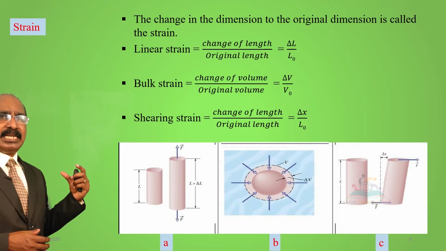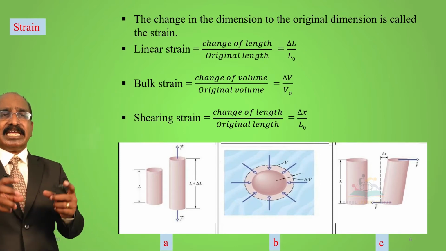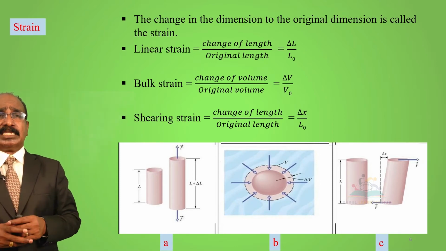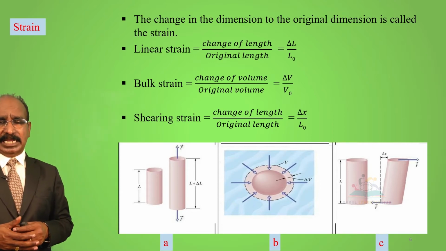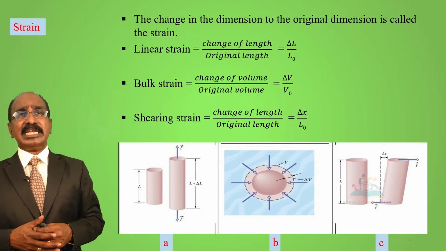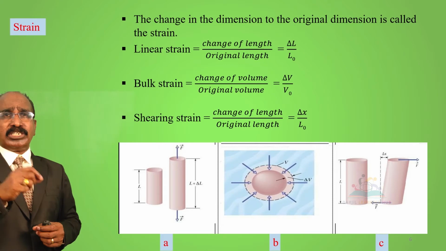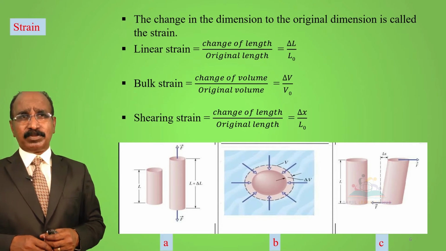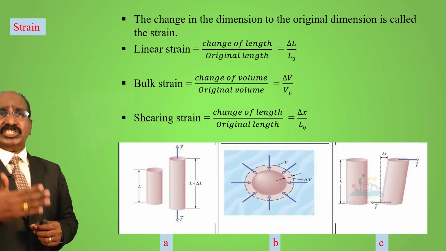If L0 is the original length, then delta L is the increase in the length. The ratio of the increase in the length, or the change of length, to the original length is called the linear strain. Therefore, change in the dimension to the original dimension is called the strain. In the first case, it is a linear strain because the length changes.